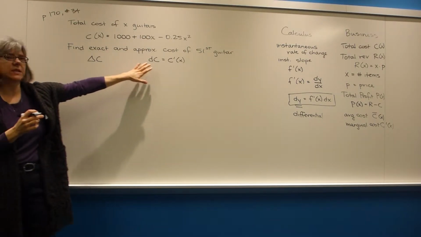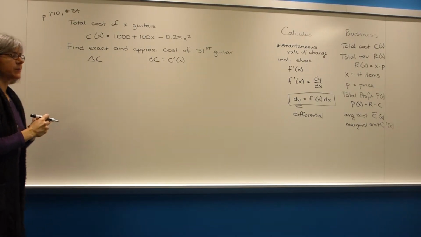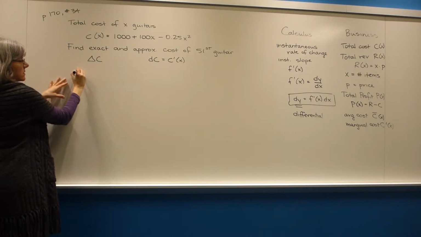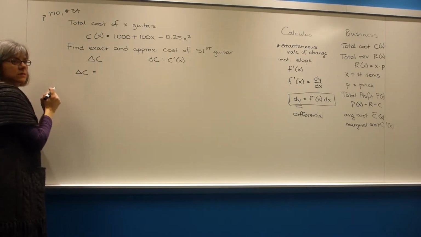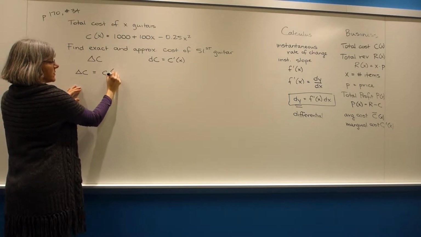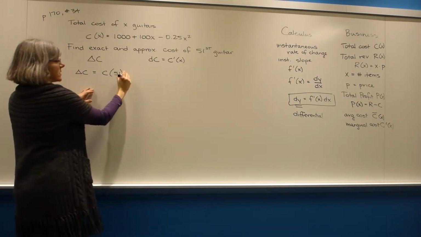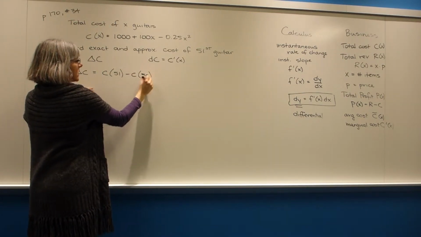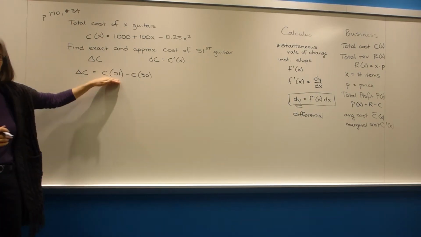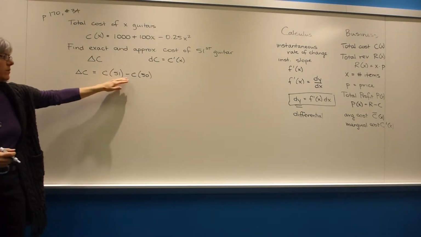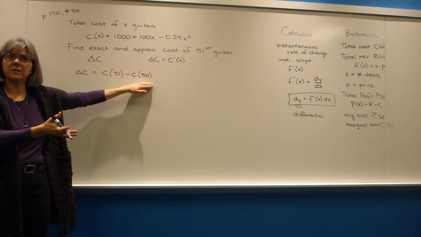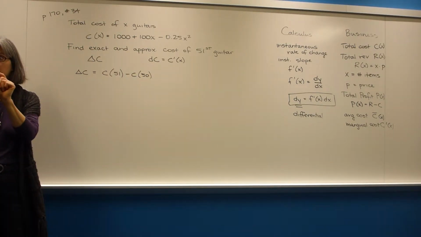We don't even need to write that little dC, we just know that we're doing that. Okay, so delta C is going to be the cost of the 51st one minus the cost of the 50th one. Because these are total costs, right? So this is the total cost of making all 51 minus the total cost of making all 50. That's going to leave me with just the 51st one.